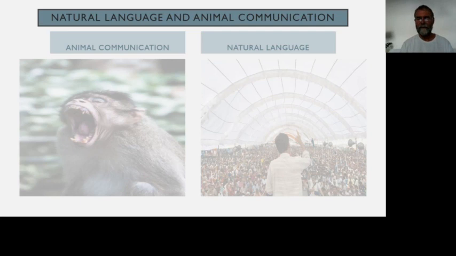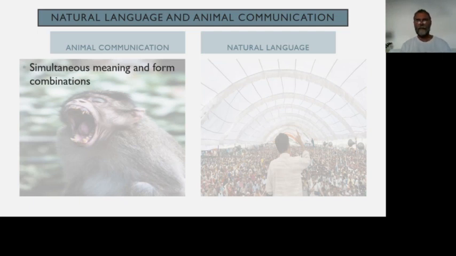For a start, a bee dance contains two pieces of information which are simultaneously presented in a single dance. It's like saying this distance, this direction. Those two pieces of information are combined into one. So this is simultaneous expression of different meanings in one form.